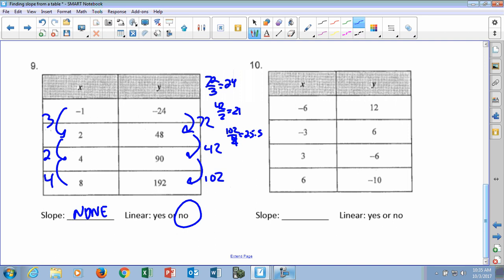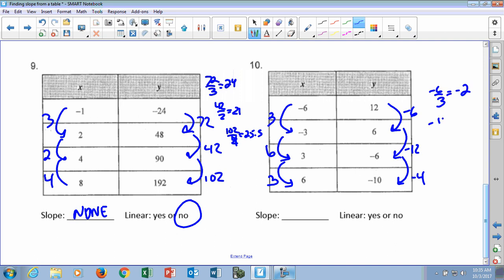Okay? So in number 10, from negative 6 to negative 3 is 3. That's 6. And 3. And then over here, it's decreasing, right? I'm going down 6, 12, and 4. So negative 6 over 3 is negative 2. And when I do negative 12 over 6, negative 2.